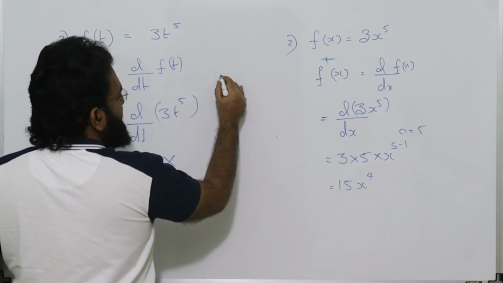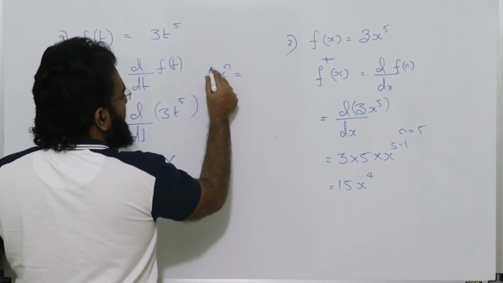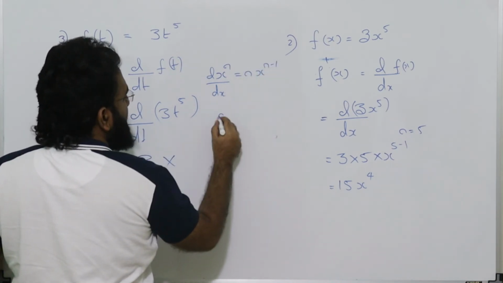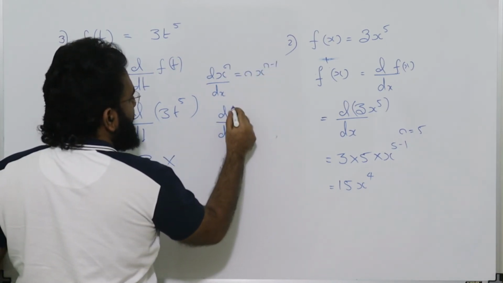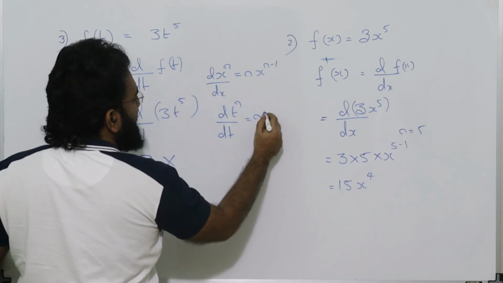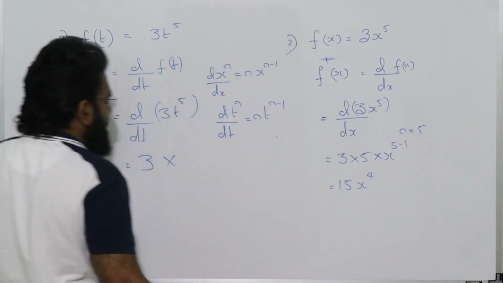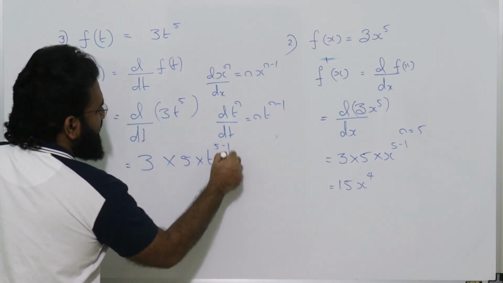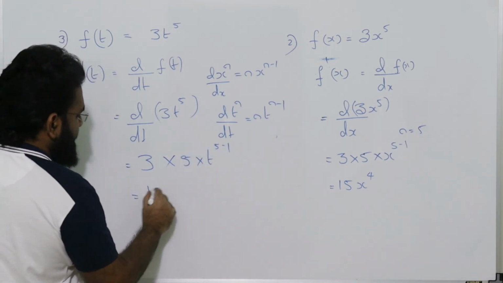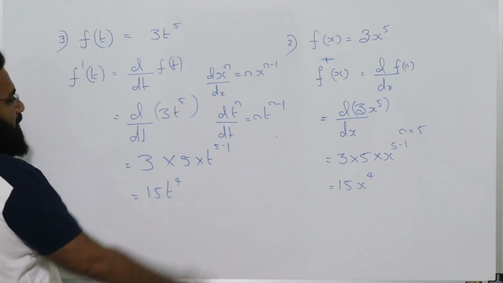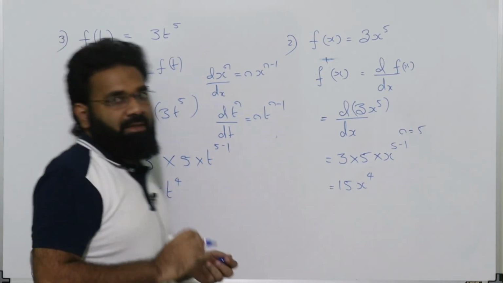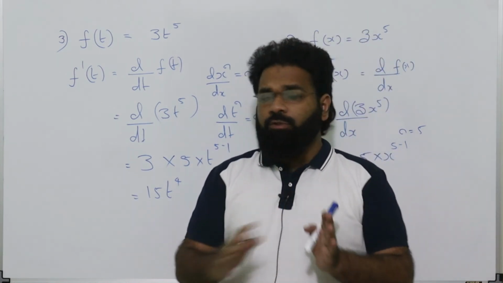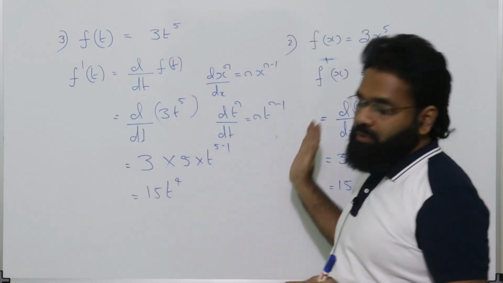See, this is how it was: d by dx of x raised to n was n x raised to n minus 1. Here this is d by dt of t raised to n, so it will come n t raised to n minus 1. So we put 3 into 5 into t raised to 5 minus 1. So this is nothing but 15 t raised to 4. So instead of x, here t comes, nothing else. Anything can come. So we should understand the simple difference between these two. Note it down.